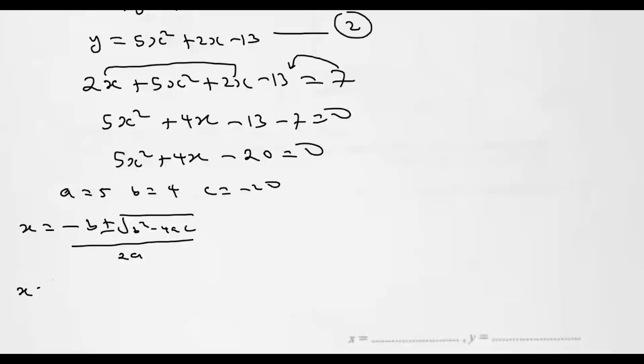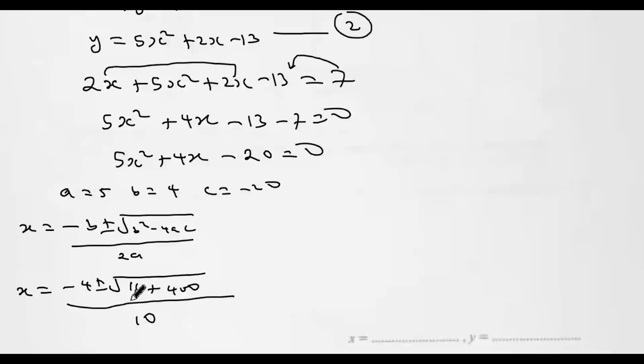Then x will be equals to minus 4 plus or minus square root of, we're going to have 4 squared is 16. Then this will be plus 400. That is, if you do minus 4 times 5 times minus 20, you have minus 4, that's plus 400. Then everything over 2a, that will be 2 times 5, that will be 10.